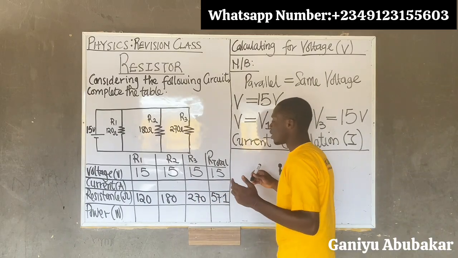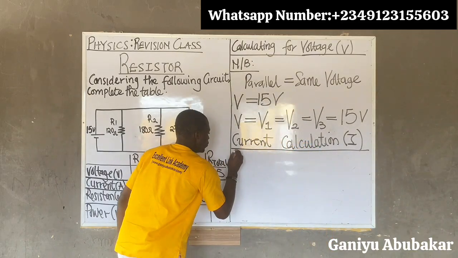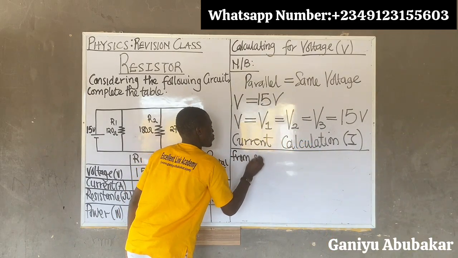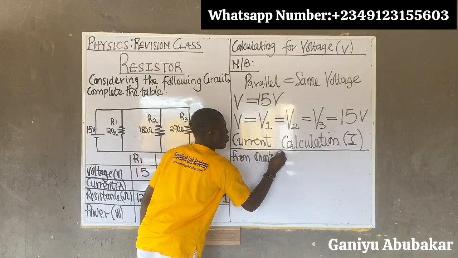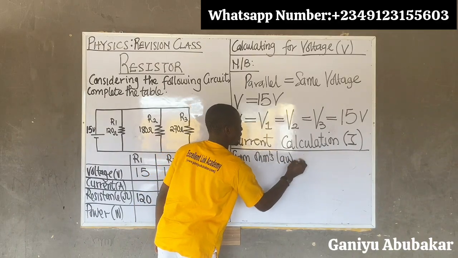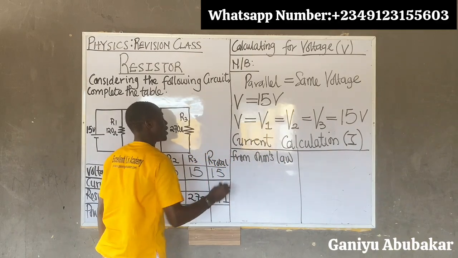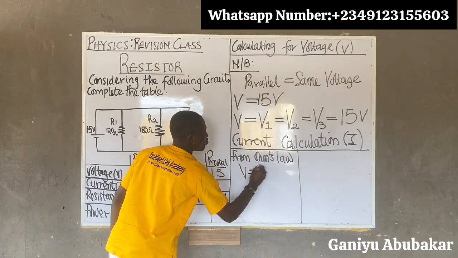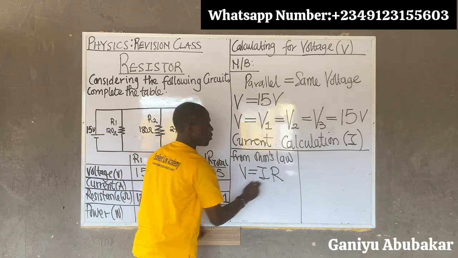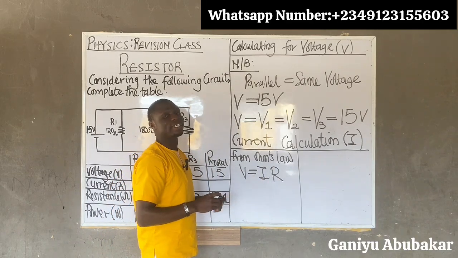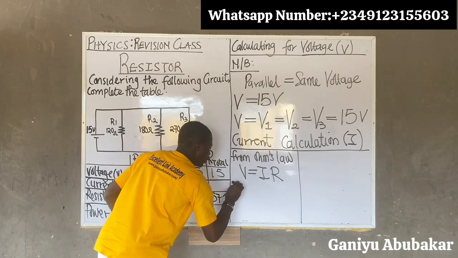All right, look at this. What do we know from Ohm's law? We said that V is equal to IR. I want to get current in this case, so make I the subject.